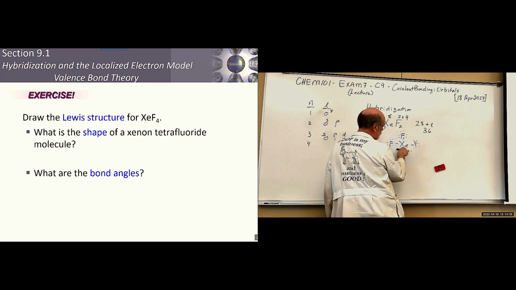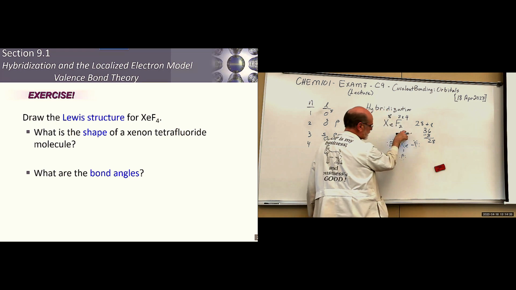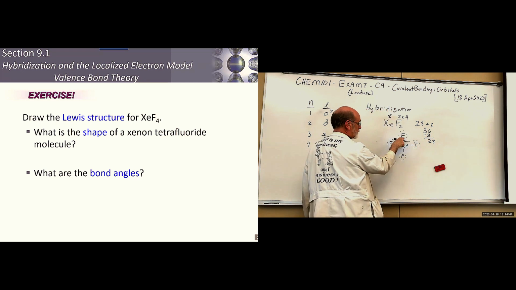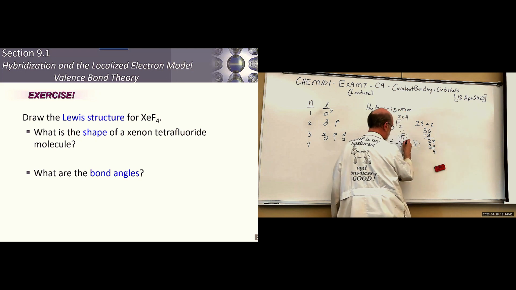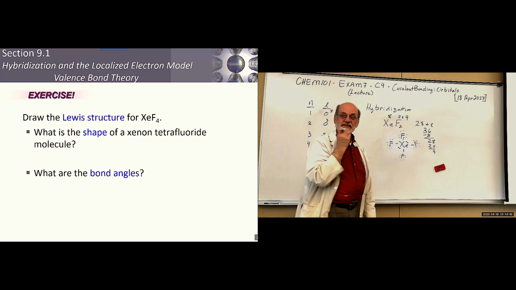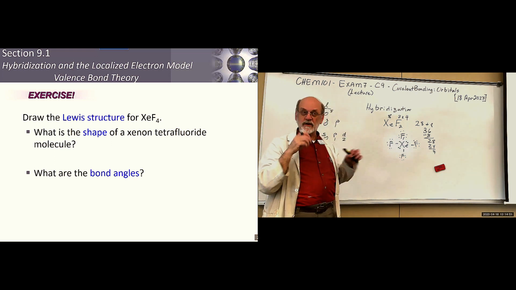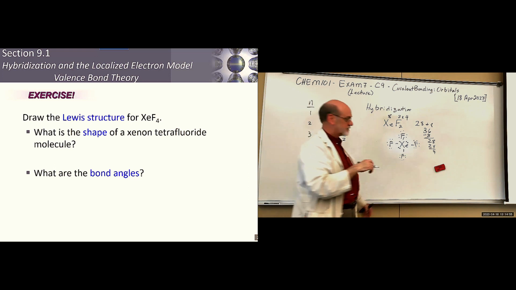So if we subtract 2, 4, 6, 8 from that, we're back down to 28. And now we have 6 for each fluorine that we need to count for. 4 times 6 is 24. We have 4 electrons left over. They have to go on the central atom. So now we have 6 groups, and we know that VSEPR says that's octahedral.